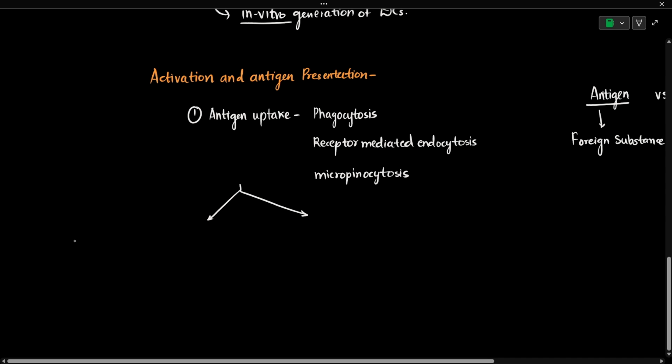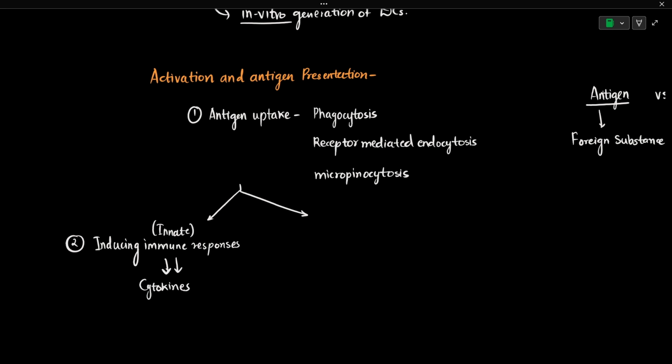So the next thing the dendritic cell does is induce immune responses, innate immune responses first. It is going to release cytokines that will call other immune cells to accumulate at the area of infection, resulting in the initiation of the innate immune responses.